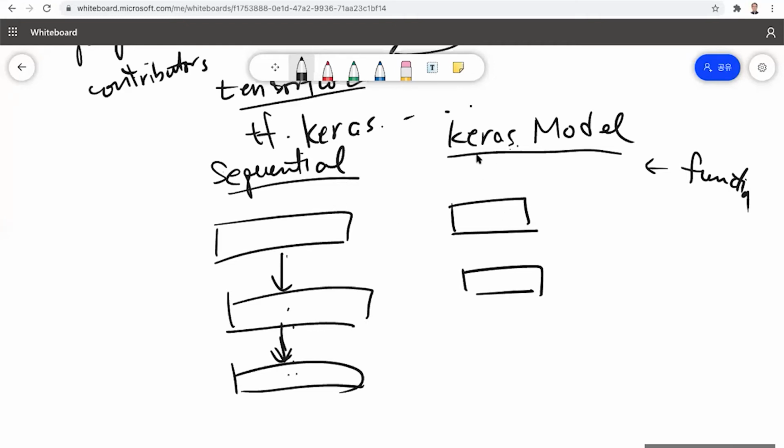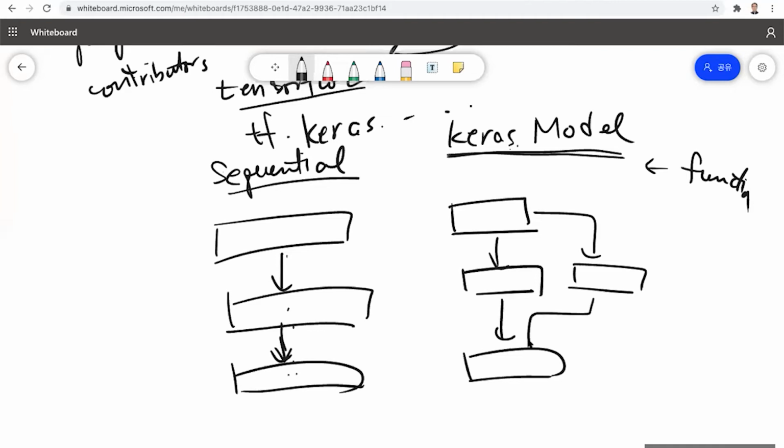With the Keras model, you can make exactly the same form as we did with the sequential, but you can also make something like this that cannot be made with sequential. So you can do a lot more things with it, but there are some more complications because this is the generalized version.